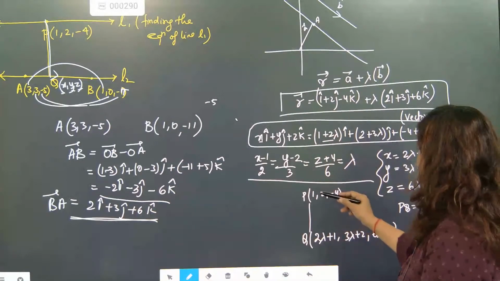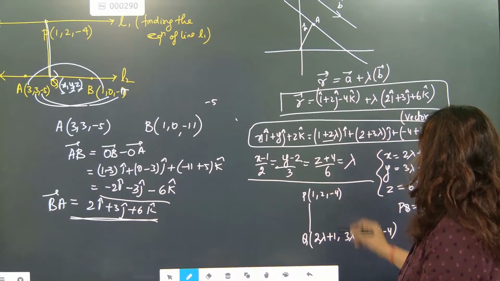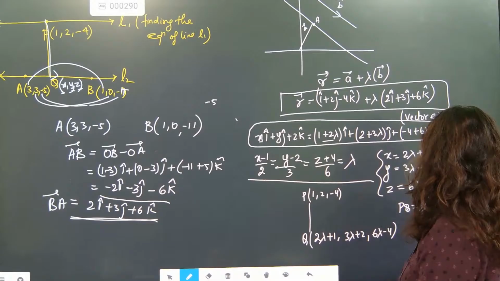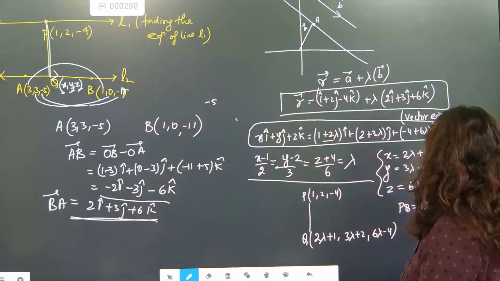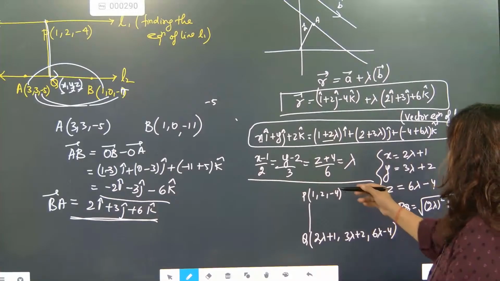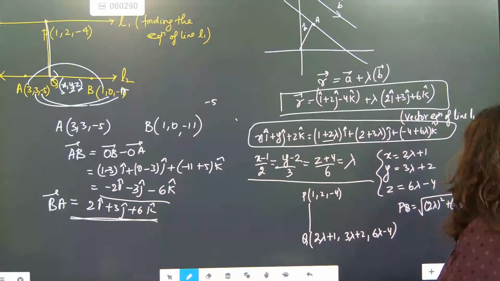It will become this minus this, so it will be 2 lambda whole square. Now this minus this, when you are doing it, it is coming 3 lambda whole square, plus this minus this, so it is coming 6 lambda whole square.